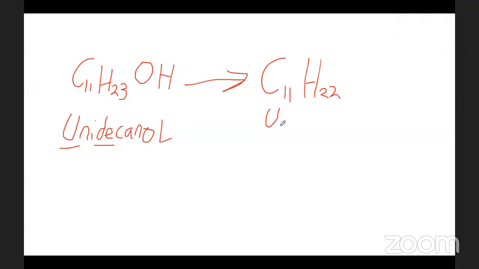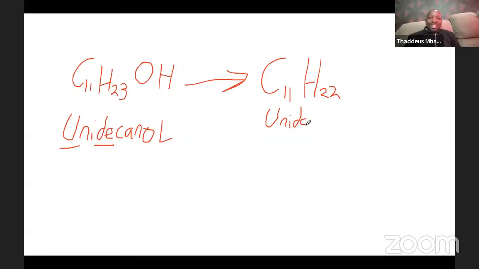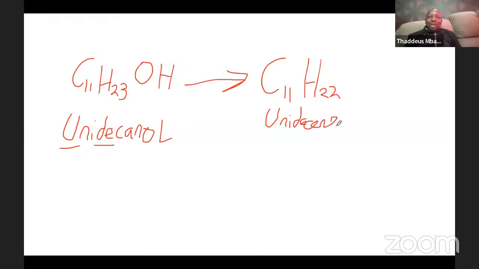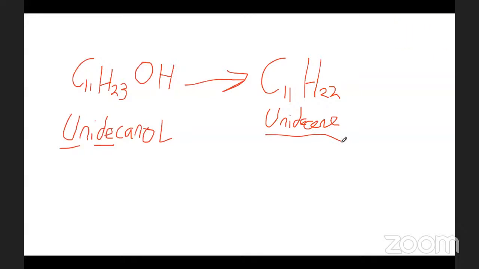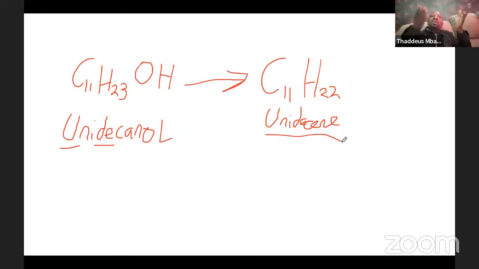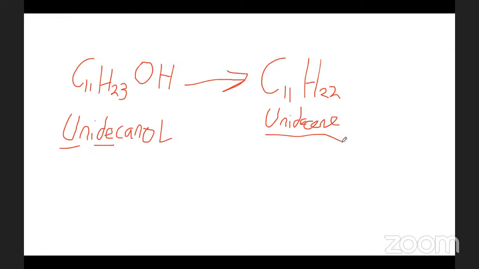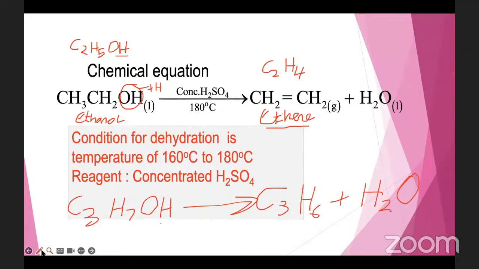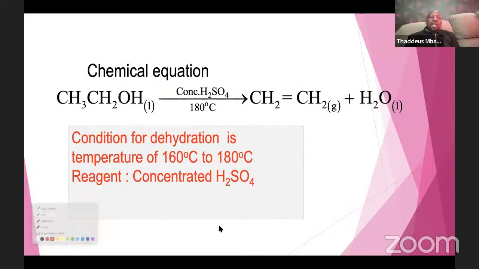Unidecene. Anyway, nobody will bring you this kind of thing, but I'm just showing you that it is very easy to understand how to get any other alkene. Because if you're having octanol, you're going to get what? Octene plus water. So like that. Are we okay now?